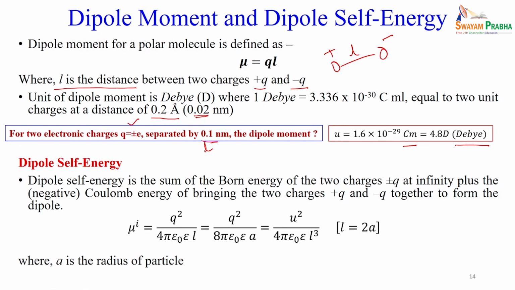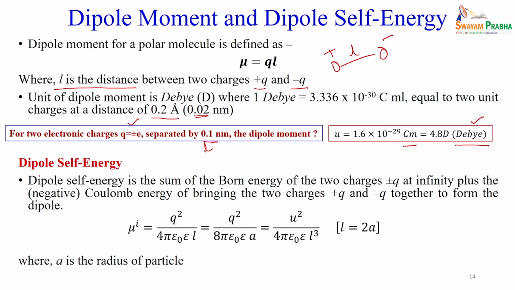If you divide by this, you will get 4.8 Debye. So, typically whenever we see dipole moments, they are always reported in the unit of Debye, defined as the dipole moment between 2 unit charges placed at a distance of 0.02 nanometer.